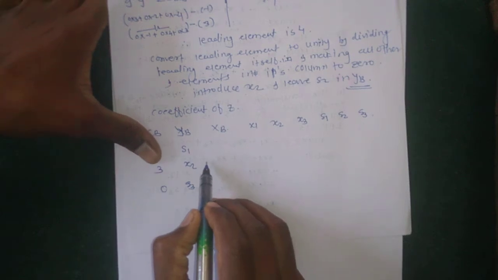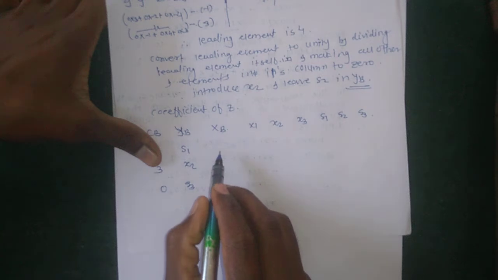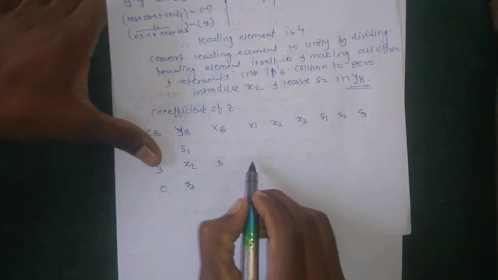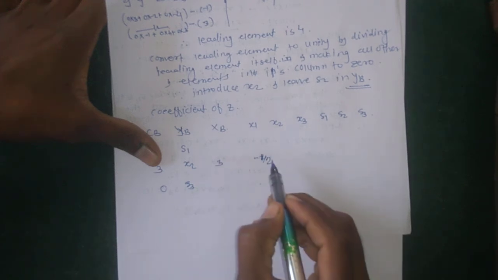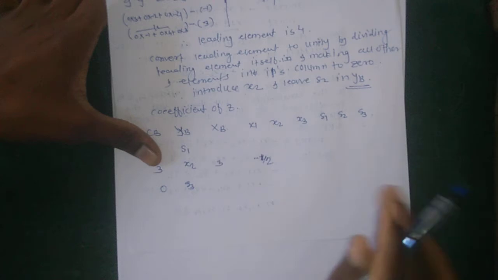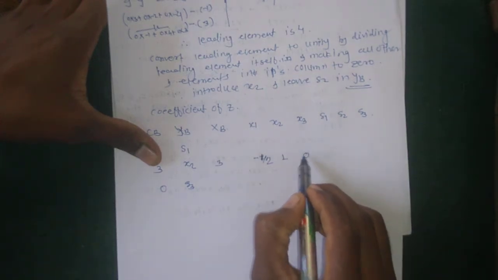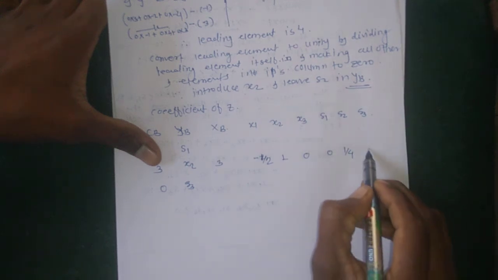Okay, so here dividing this row by 4, so 12 by 4 is 3, then minus 2 by 4 means minus 1 by 2. Then 4 by 4 means 1, then 0 by 4 is 0, then 0, then s2 is 1 by 4 and 0.